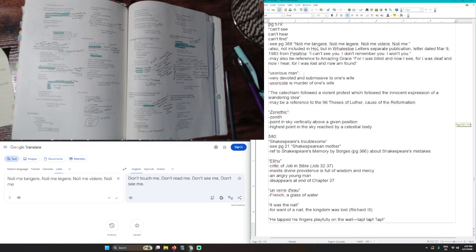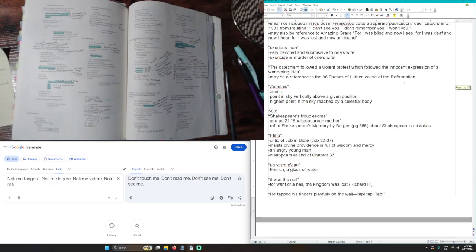This phrase, uxorious man, I thought that was a very interesting word. It means very devoted and submissive to one's wife, and uxoricide is the murder of one's wife. Then we have a phrase that says, the catechism followed a violent protest which followed the innocent expression of a wandering idea, which reminded me of the 95 Theses of Luther, which caused the Reformation.